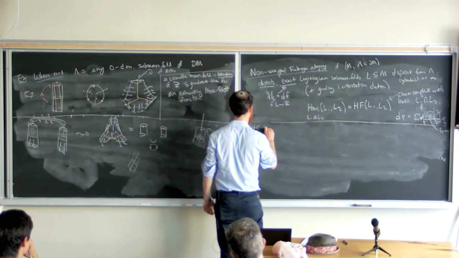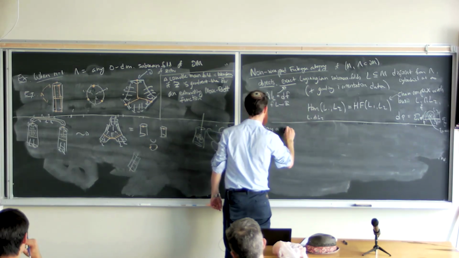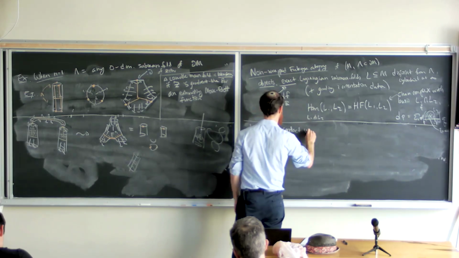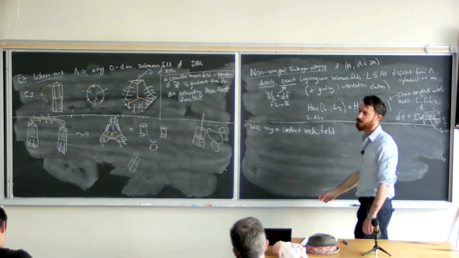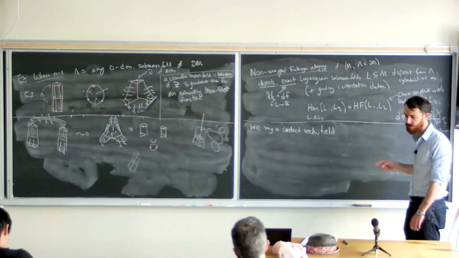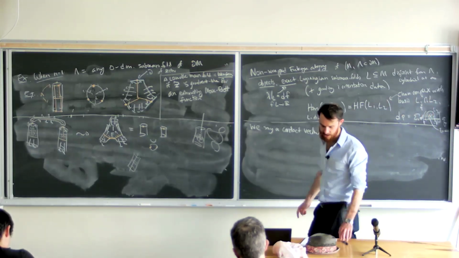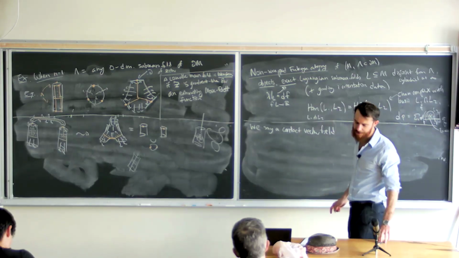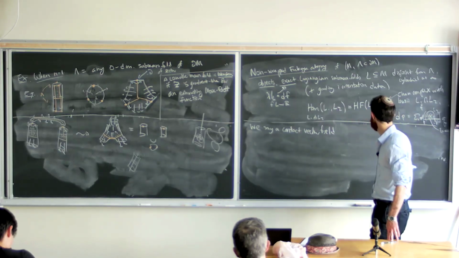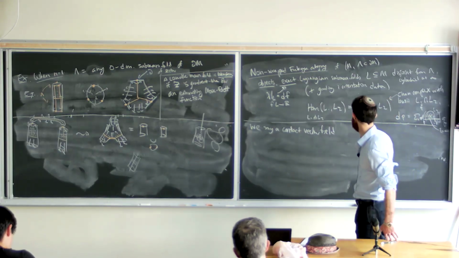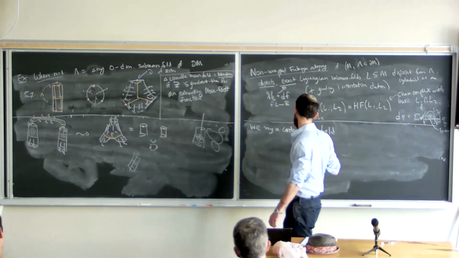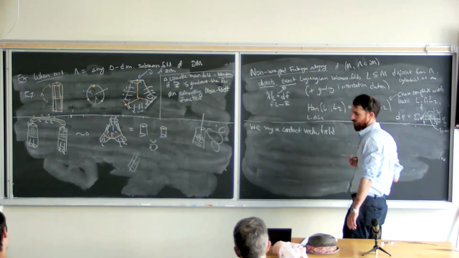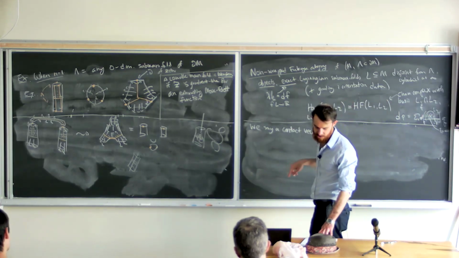We say a contact vector field, I mean a vector field on a contact manifold that preserves the contact structure. So in other words, it's the germ of a contact isotopy, or the derivative of a contact isotopy, some isomorphism of a contact manifold.